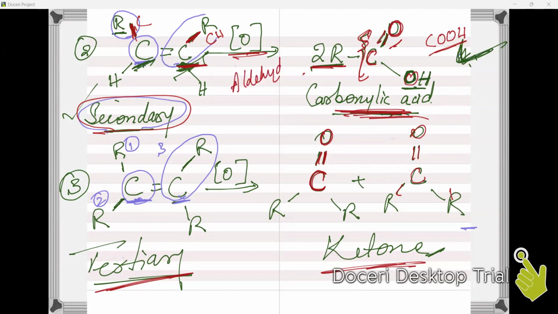Do remember it. Now, what is aldehyde? Aldehyde means that first an oxygen and H will attach, then another oxygen will add over here and change into carboxylic acid.